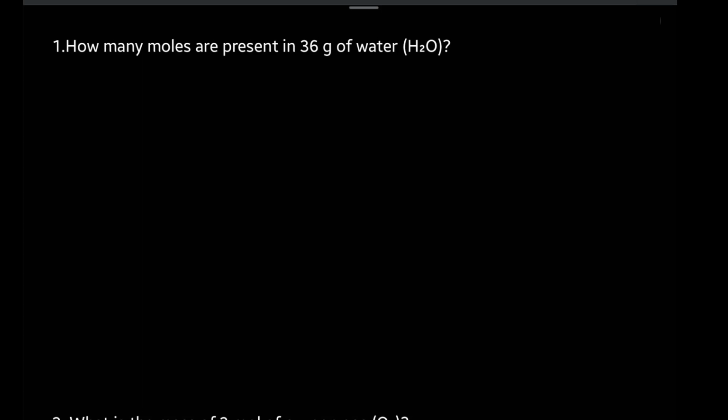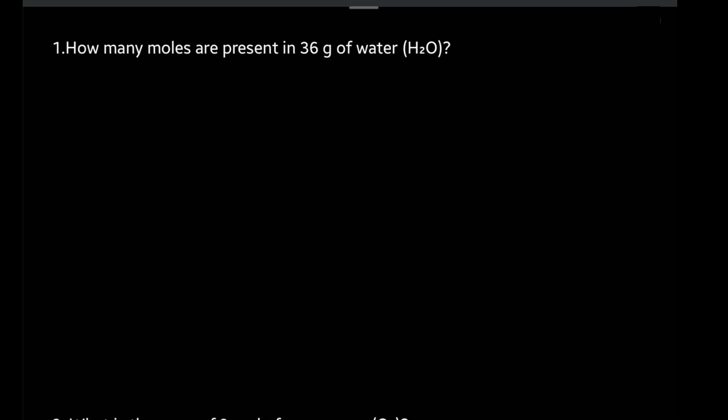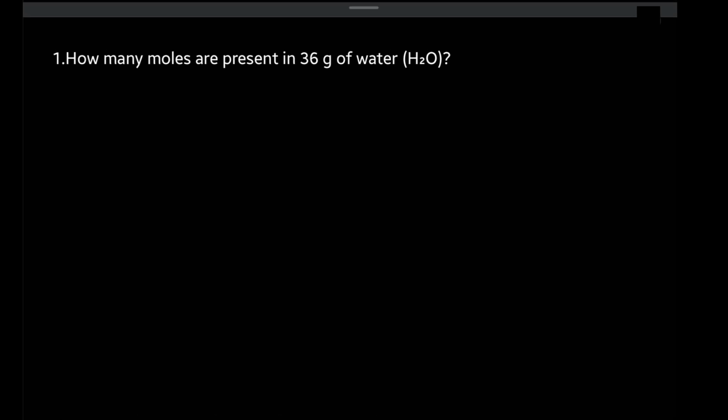For our first question here, it asks, how many moles are present in 36 grams of water, or H2O? So the first step here is we calculate the molar mass of each element.